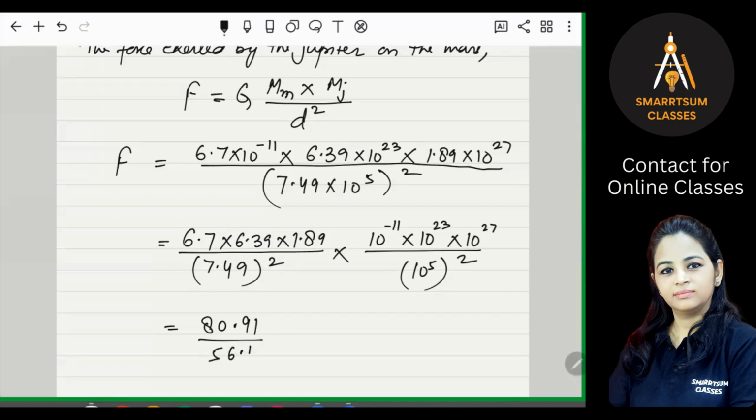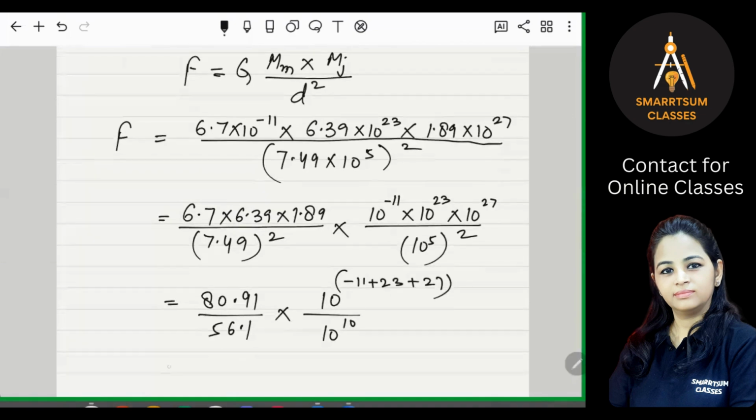Now solve the powers: 10 to the power minus 11 plus 23 plus 27 upon 10 to the power 10. So this is equal to 80.91 divided by 56.1. Then divide this. This is around 1.44.